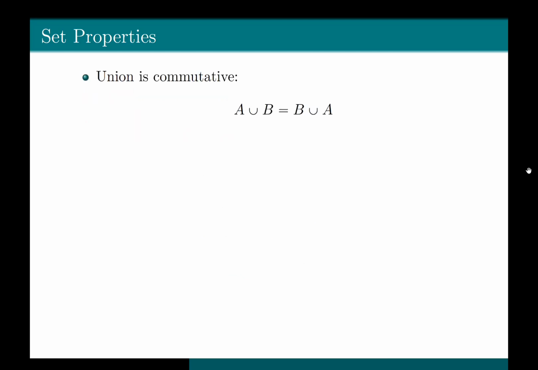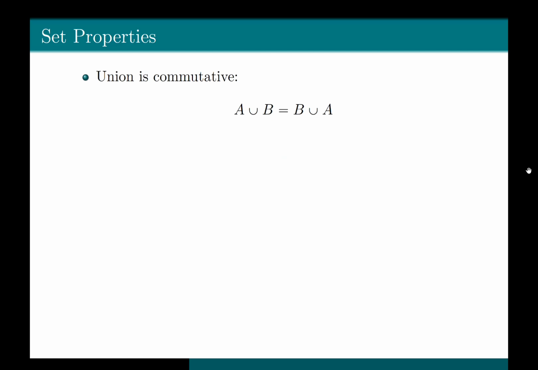Well, let me prove another property for you all, which is that union is commutative, which means that if we have two sets A and B, then A union B is equal to B union A. Okay, so what are we trying to basically do here?